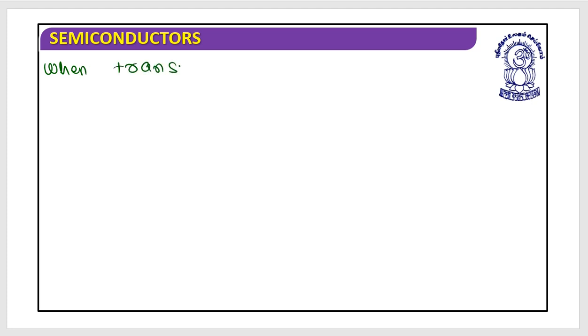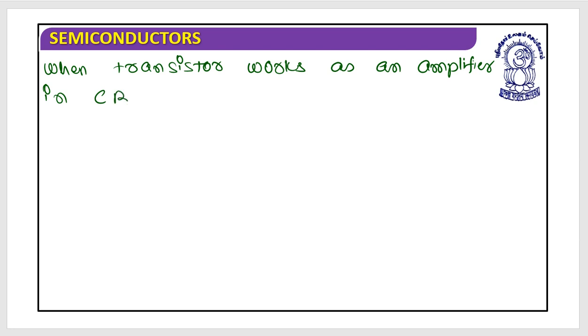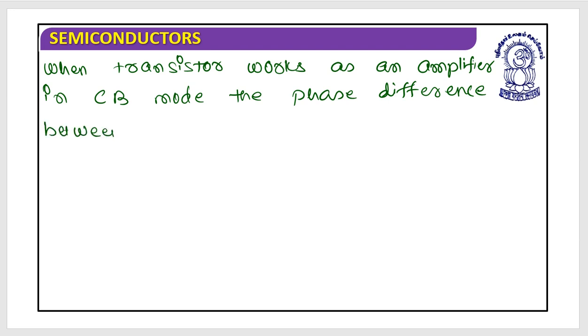When a transistor works as an amplifier in CB mode, the phase difference between input and output is 0 degree.